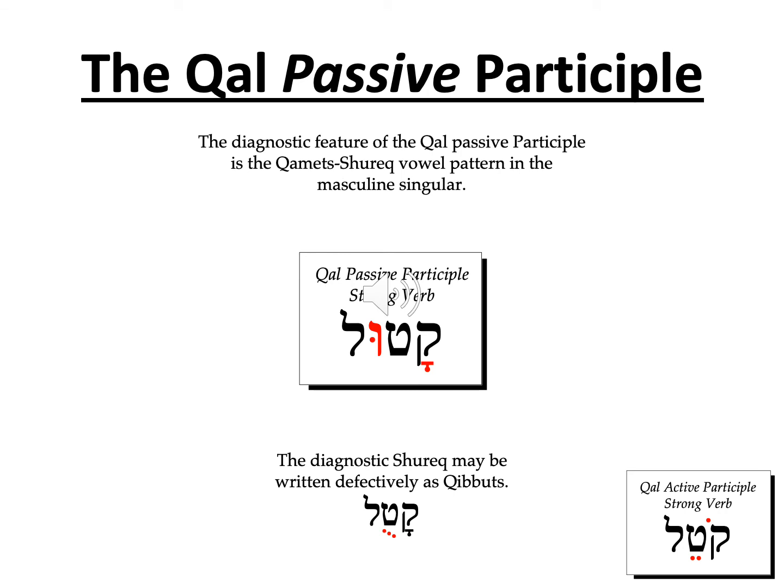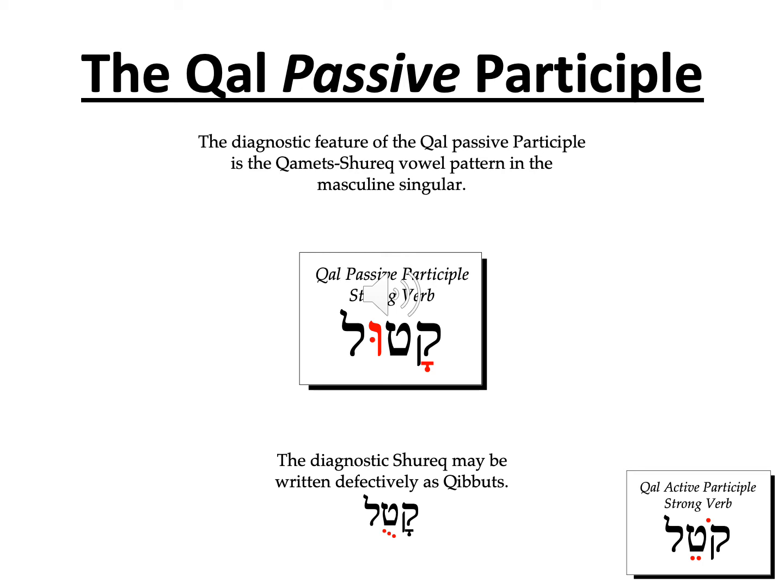As with the infinitive, there is a second type of participle, the passive participle. The passive form is Qal. This looks very similar to the infinitive absolute, except that was Qal. Instead, this is Qal. Anytime you see a U-class vowel in between the second and third root letters, you almost always have a passive participle.